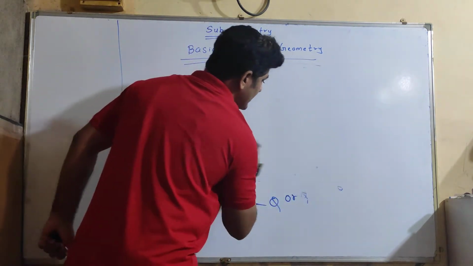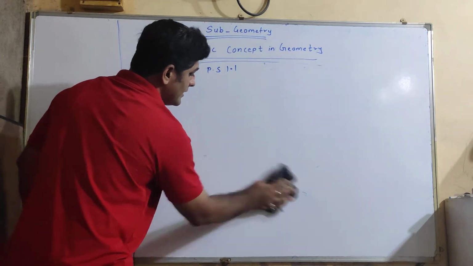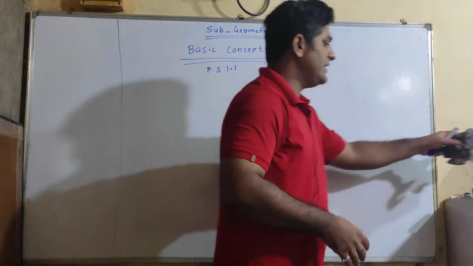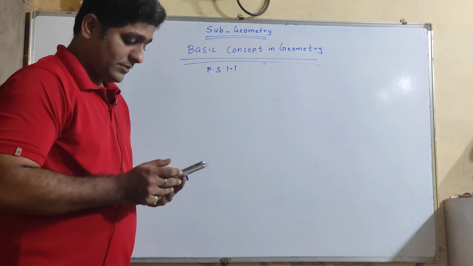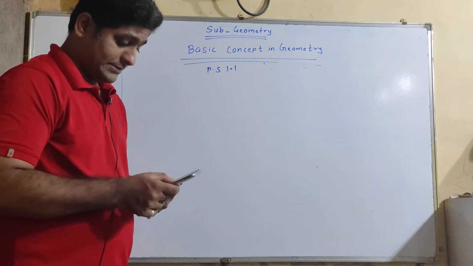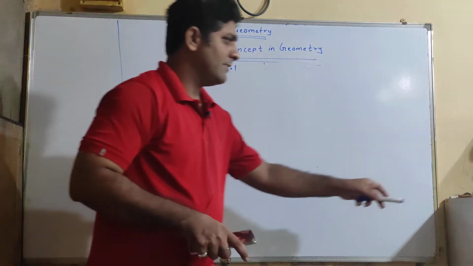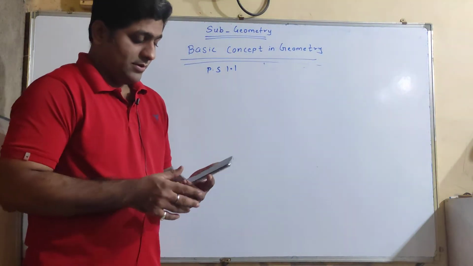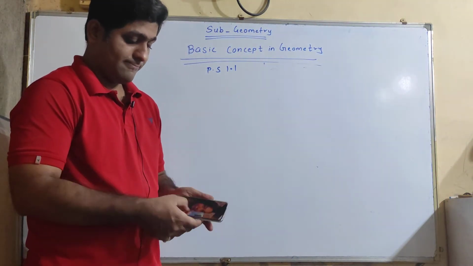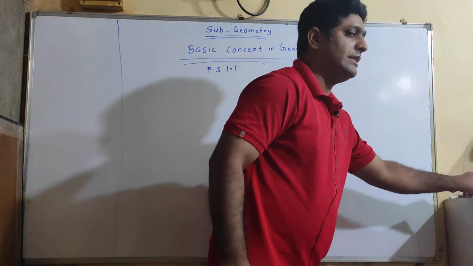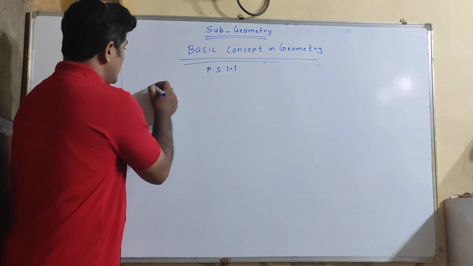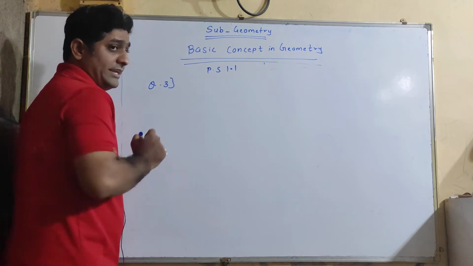Let's understand with the next example whether there is a property of betweenness existing among these points. Okay, let's see the example now, students. This is from question number 3.